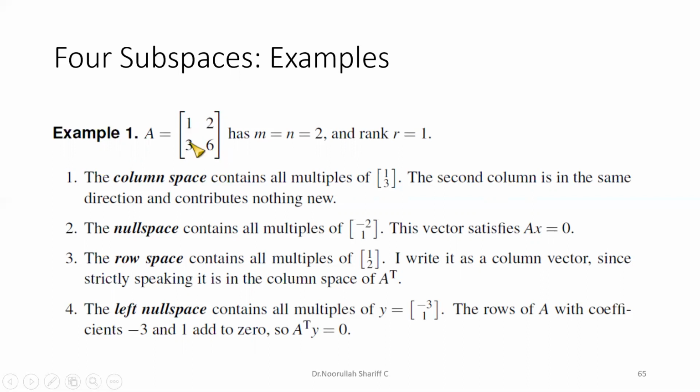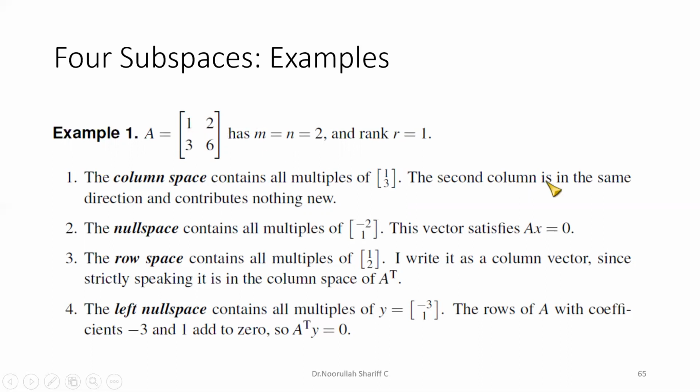Similarly, the rows also are dependent. If you multiply 3 with 1, you get 3. If you multiply 3 with 2, you get 6. So the rows are also dependent, the columns also are dependent, hence the rank on the whole is equal to 1. The column space contains all multiples of (1, 3).